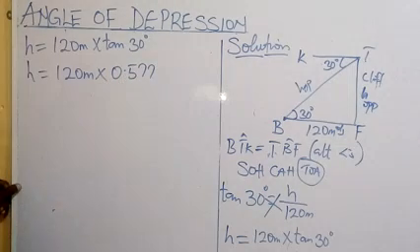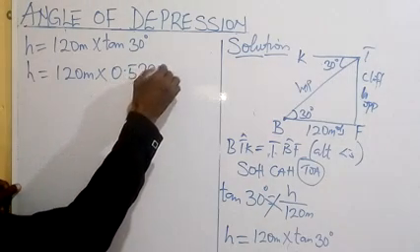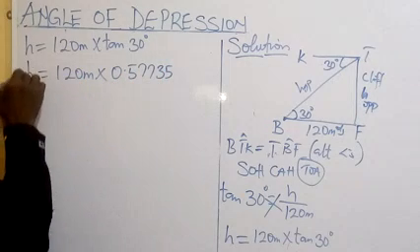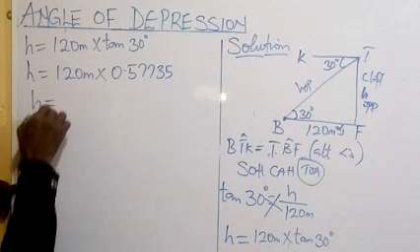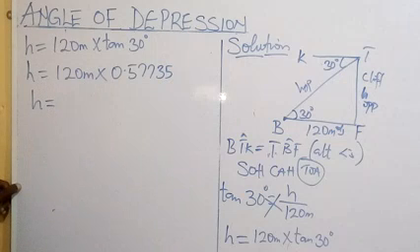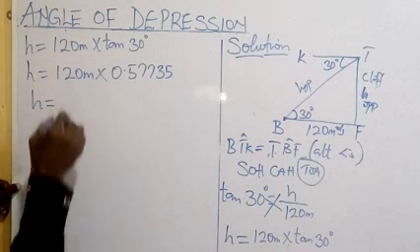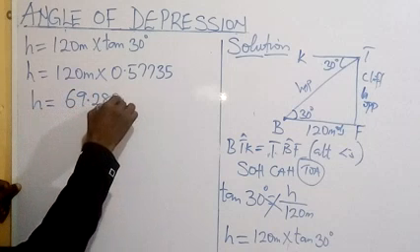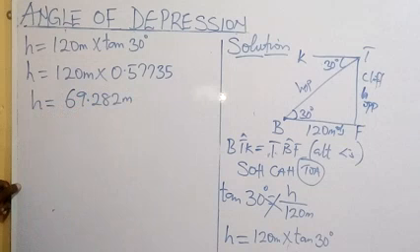Tan 30 degrees is 0.577 using our calculator. So multiply the value of tan 30 degrees by 120. So the value of our height will be 69.282 meters. And don't forget, from the question, we are asked to leave our answer in 3 significant figures.